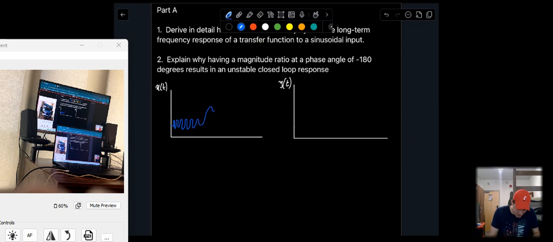And then you're going to have some sort of change, right? And so maybe your output is responding appropriately, and then it's going to change even more so as a function of time like that.